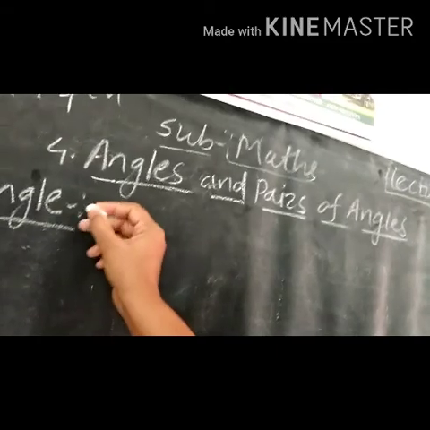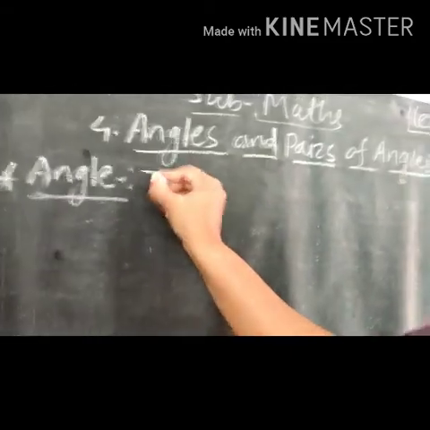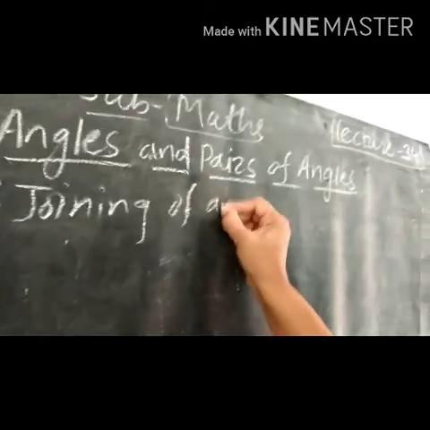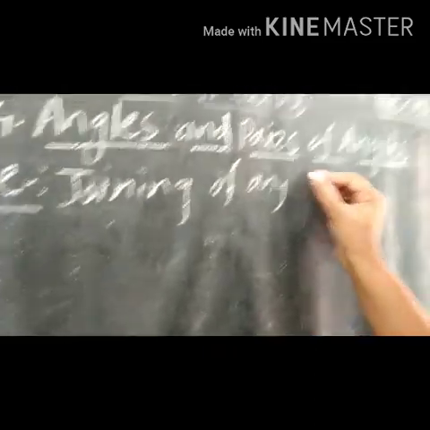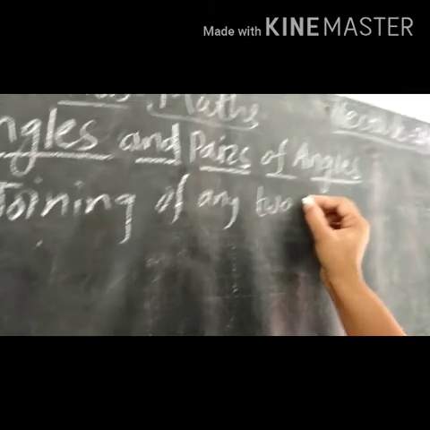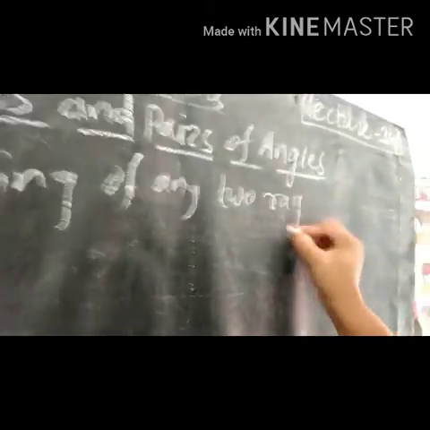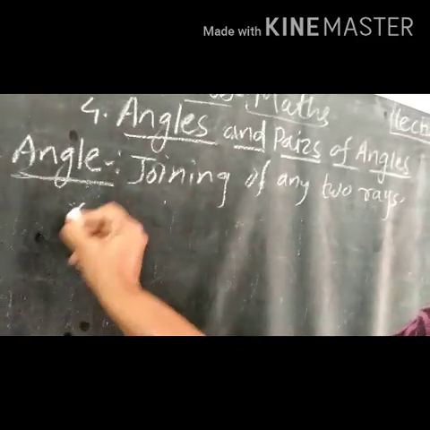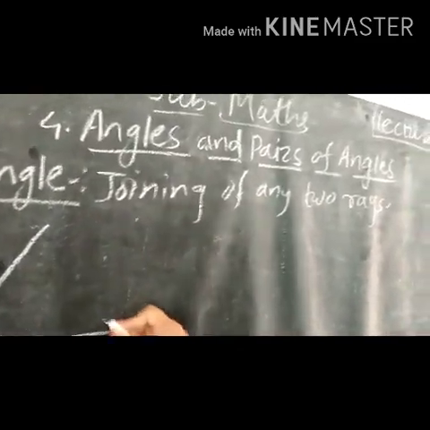So angle means joining of any two rays. Joining of any two rays, that is called an angle. So we can draw a diagram. So there are two rays.